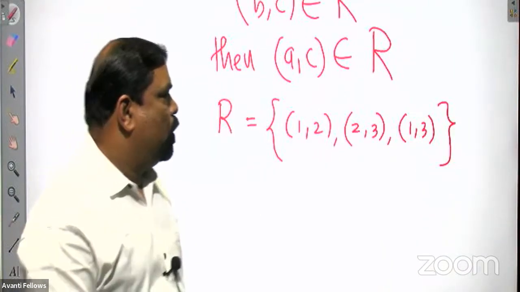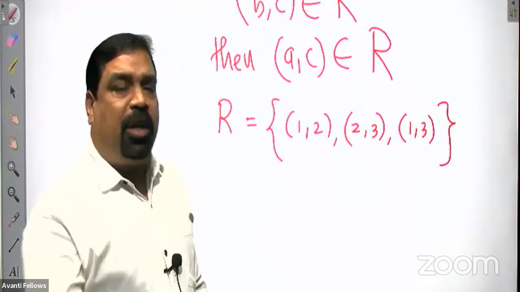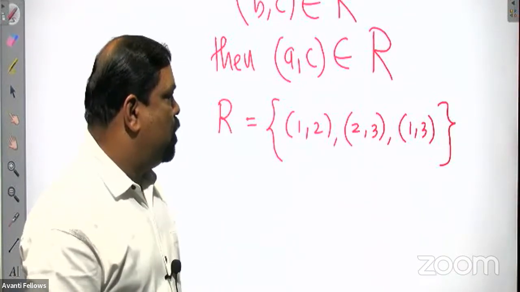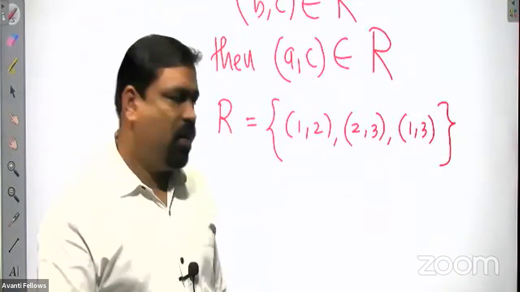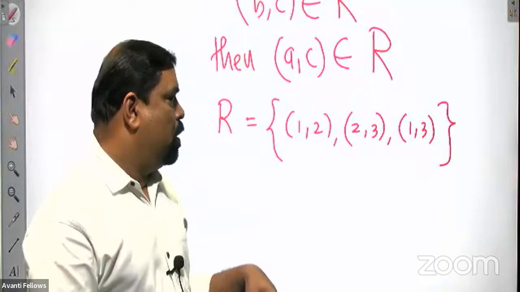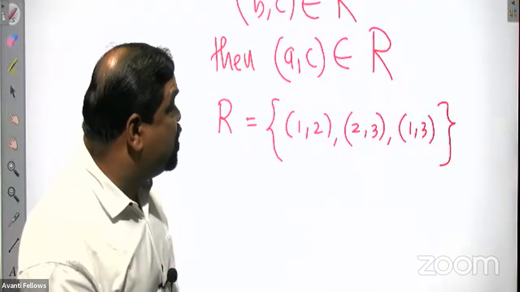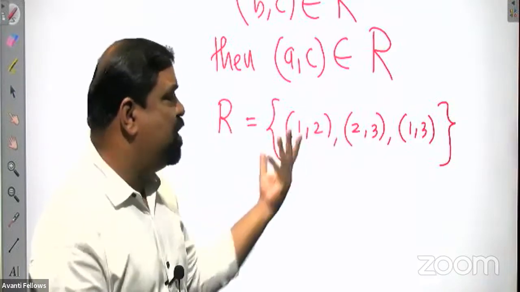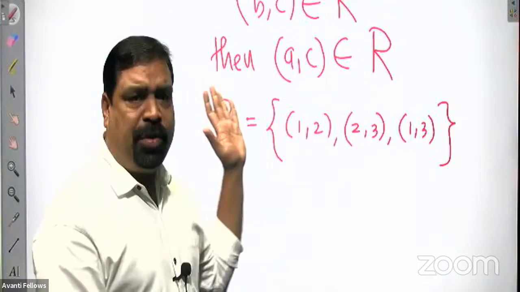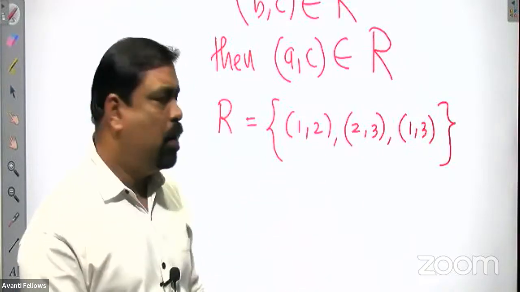Let us check. Is it reflexive? No, it is not reflexive. (1, 1) is not there, (2, 2) is not there, (3, 3) is not there. So not reflexive. What about symmetric? (1, 2) is there, but (2, 1) is not there. There itself we can say it is not symmetric.